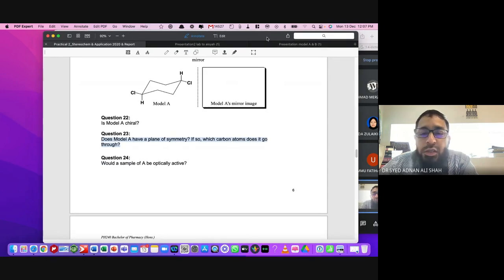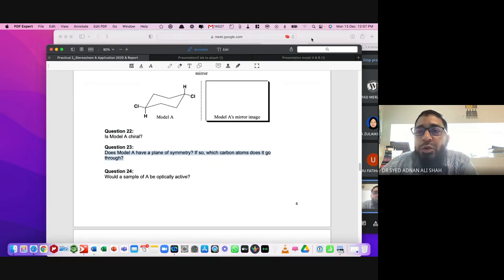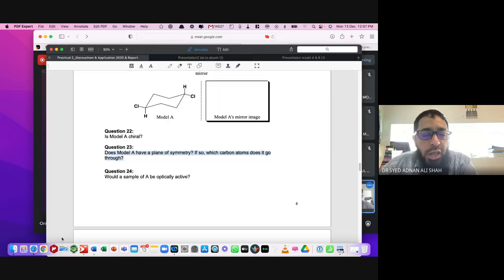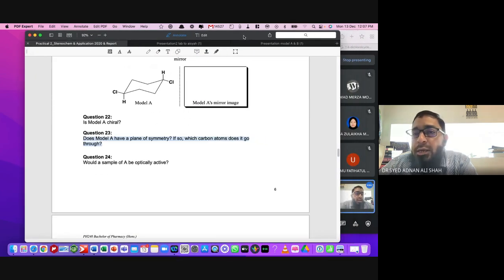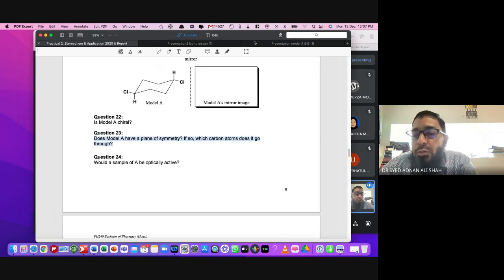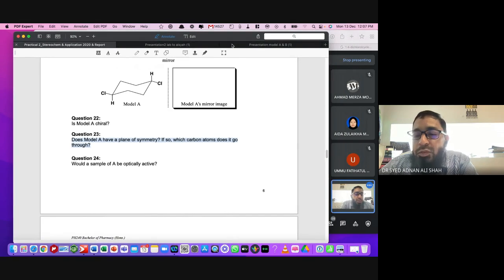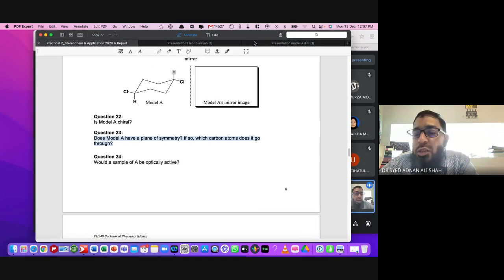For the rotation of the plane of polarized light, the molecule should be chiral. So if the molecule has a plane of symmetry, it is optically inactive.